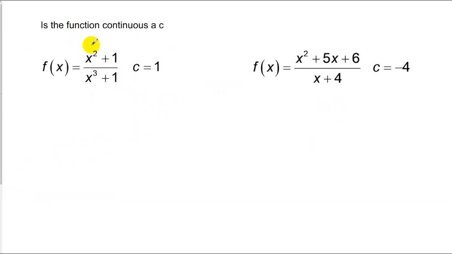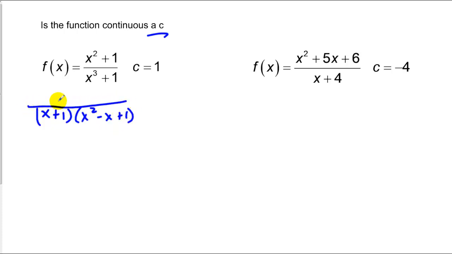So we want to know if the functions below are continuous at the value of c. I take a look at this problem and I notice I have a perfect cube in the denominator, which we know factors into x plus 1 times x squared minus x plus 1.